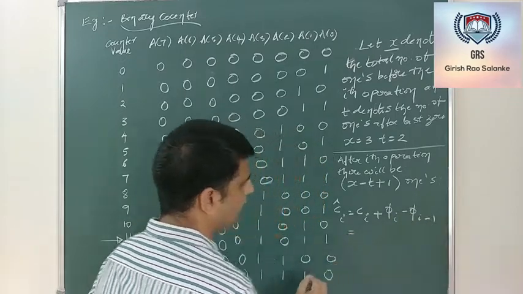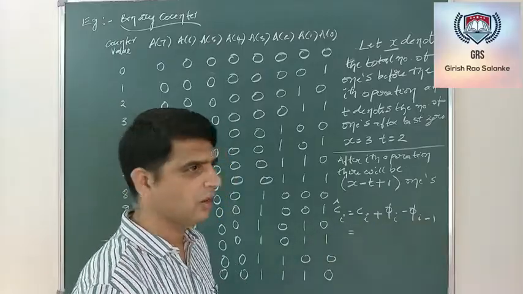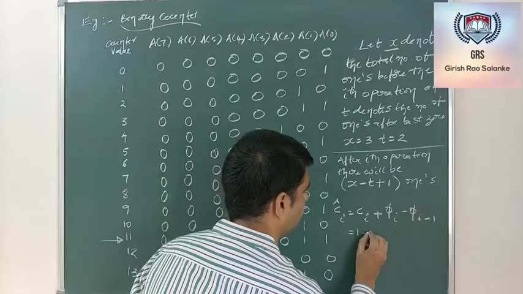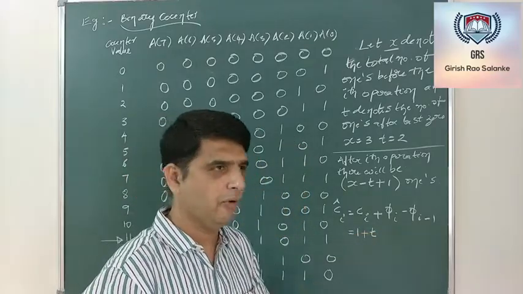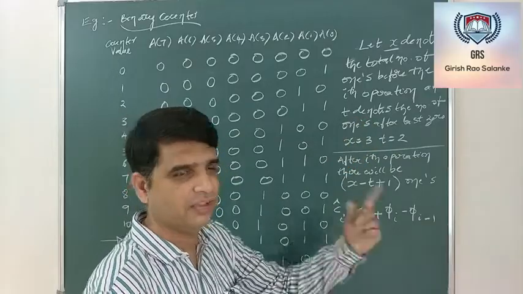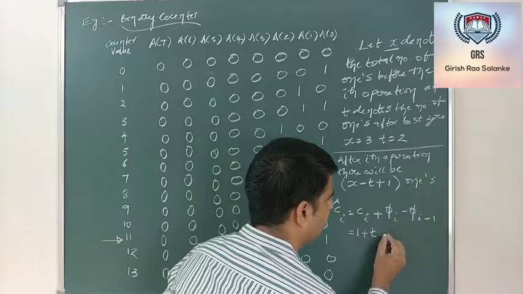What is this Ci? Ci is the actual cost. What is the actual cost? The actual cost is 1 plus t. What is this t? t is the number of ones after the last 0. Hence, the actual cost is 1 plus t.